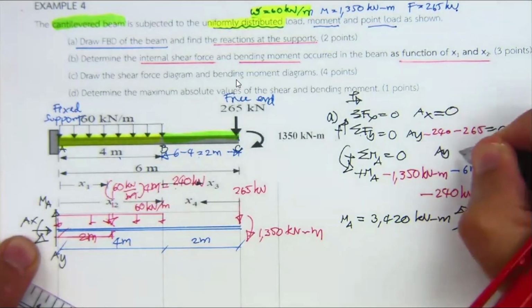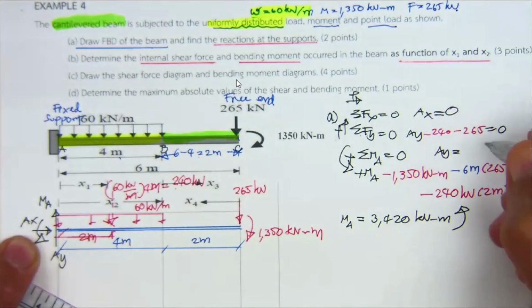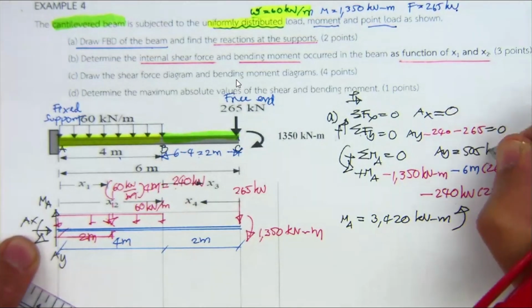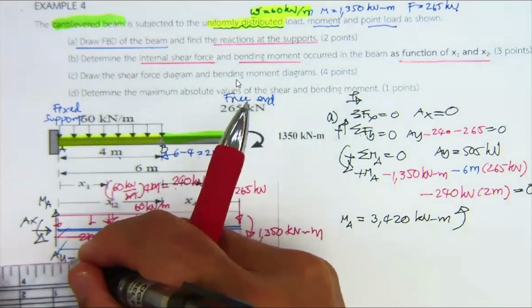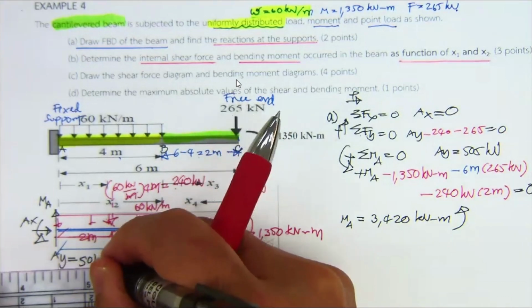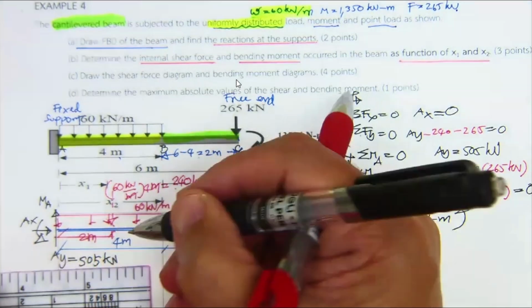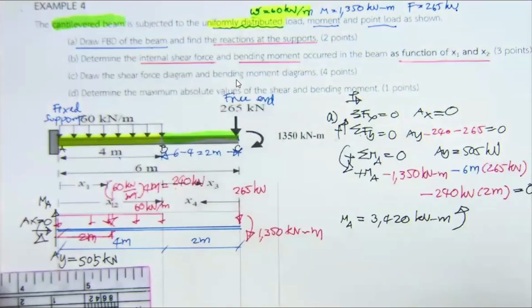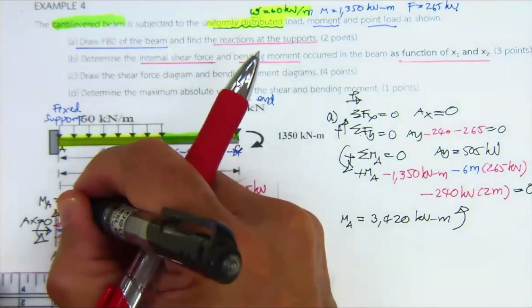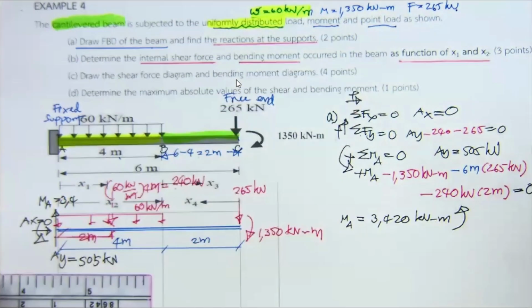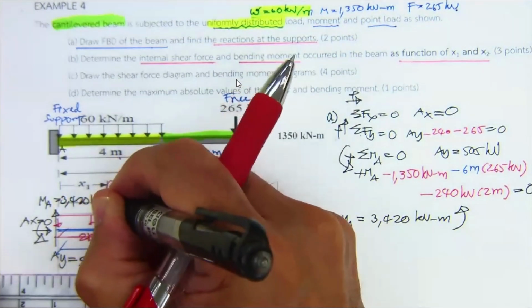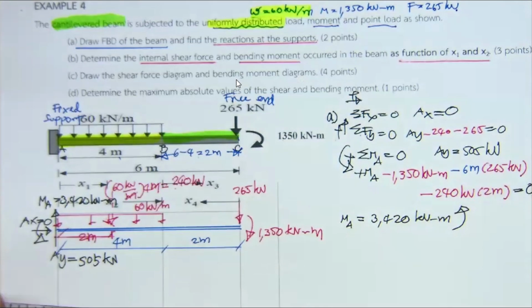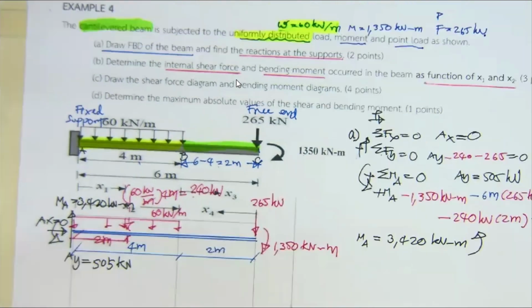So A sub y is going to be 505 kilonewton. A sub x is going to be 0. M sub A is going to be 3,420 kilonewton meter. Okay, now the beam separates into 2 portions.